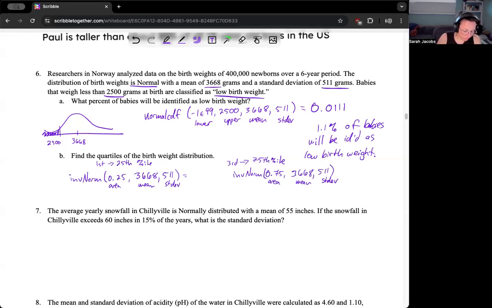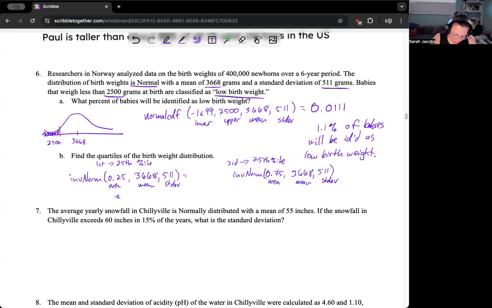Okay, so now we'll run our numbers: inverse norm, 0.25, 3,668, 511, always with a left tail. Again, I'm not even writing it out as left because so many of you don't even have that option on your calculator. If you do, just leave it as left.